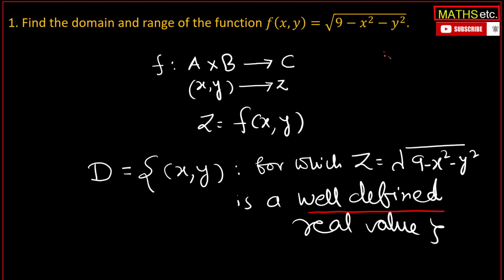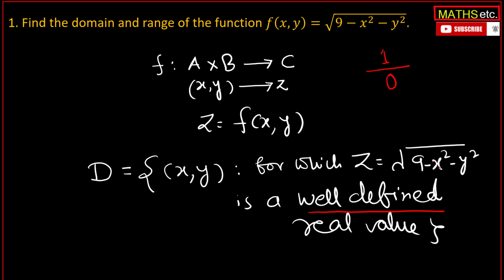So what does well-defined mean? Well-defined means we should not have a situation like something over 0, because in mathematics division by 0 is not possible, right? And this z value should be a real value.